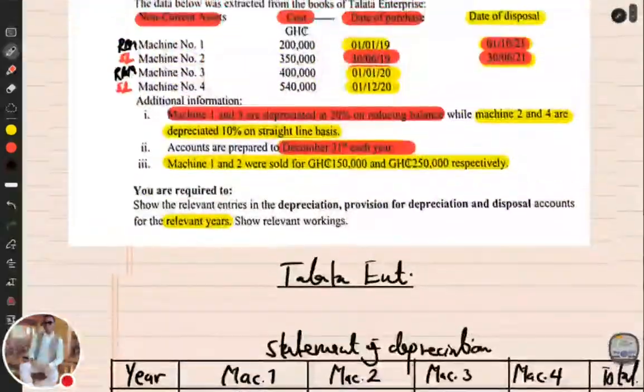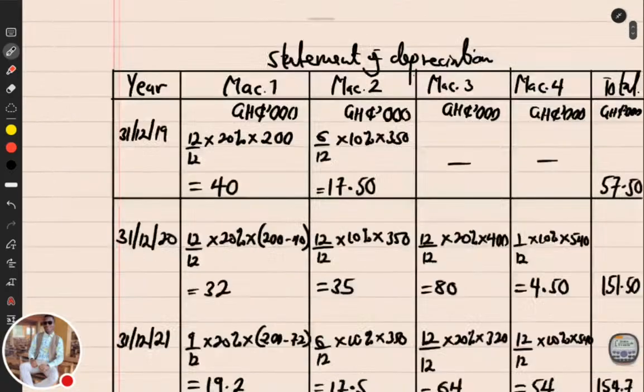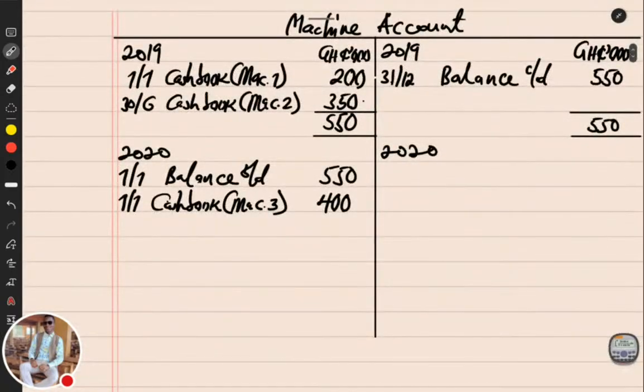Then machine number 4 too was bought on 1st December 2020. So we'll have also that coming up at the debit side. Okay. So we have cash book. So we have machine number 4. So the cost was what? 540. Then we flow like that.